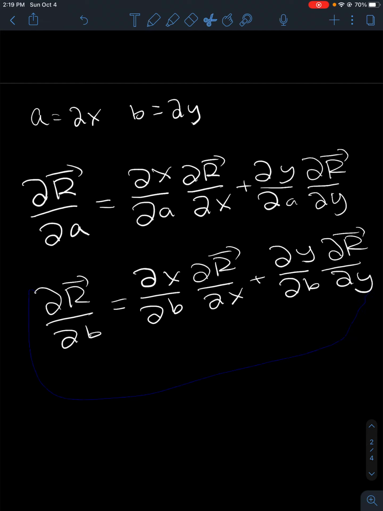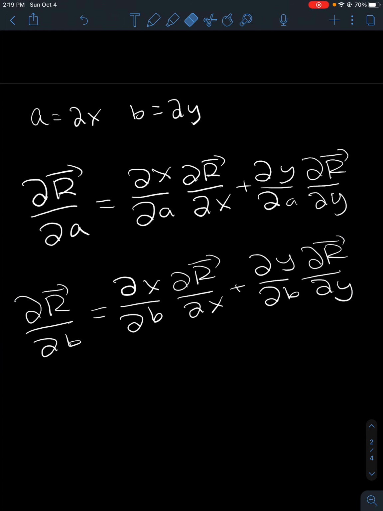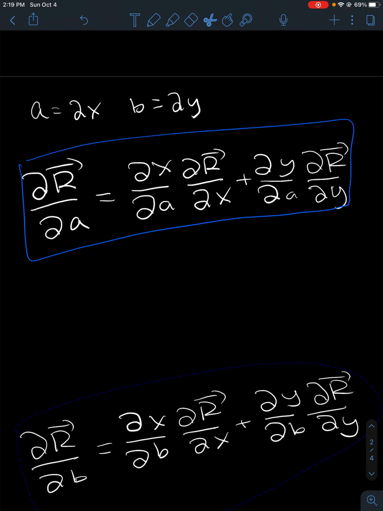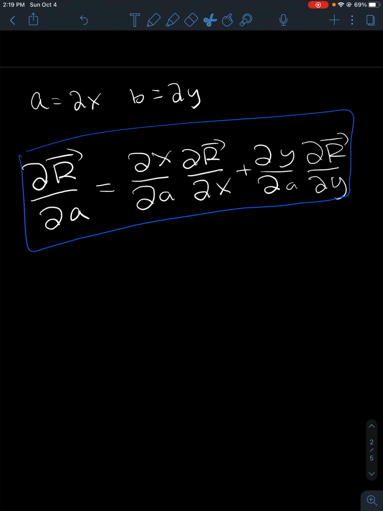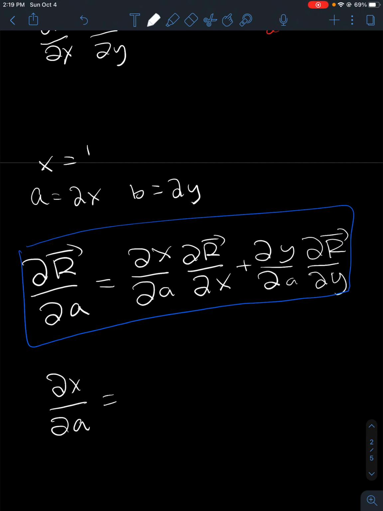Okay. So we have our two equations to solve. Let's solve this one first. What is partial x over partial a equal to? Well, let's just plug in x. x equals 1/2 a and y equals 1/2 b.